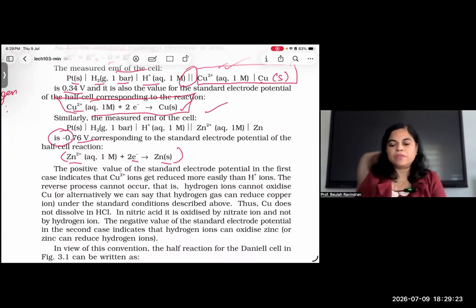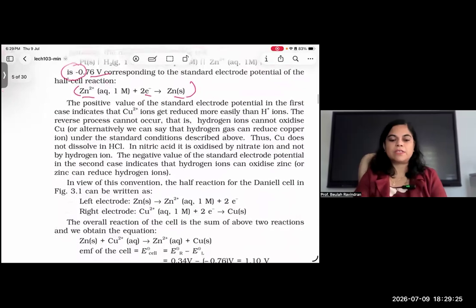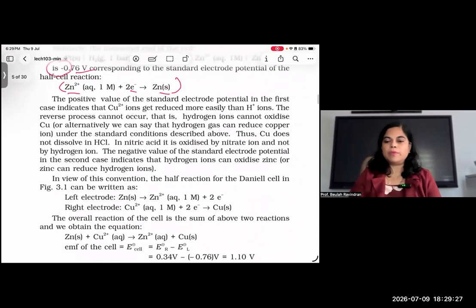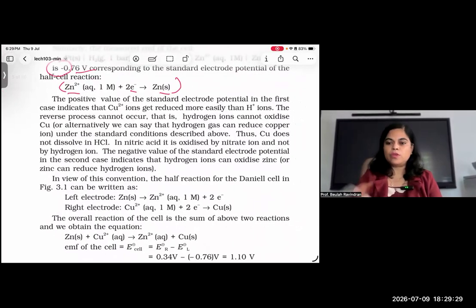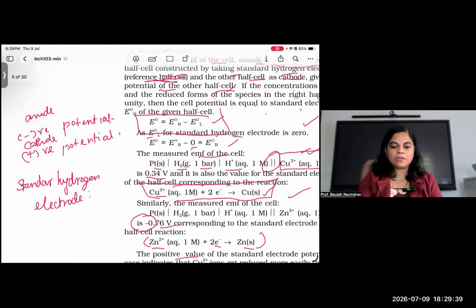The positive value of the standard electrode potential in the first case indicates that copper 2 plus ion gets reduced more easily than H plus ions. This is a very important point. Why does the positive value matter? We have studied it now: a positive potential at the cathode.